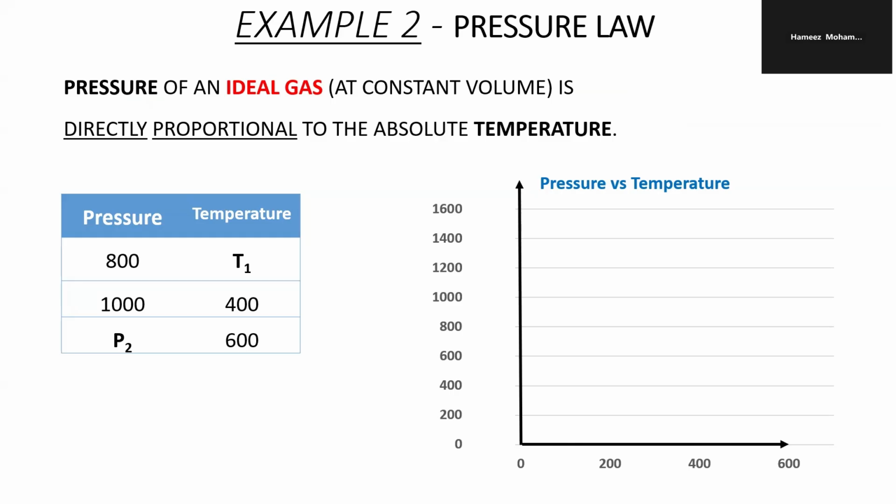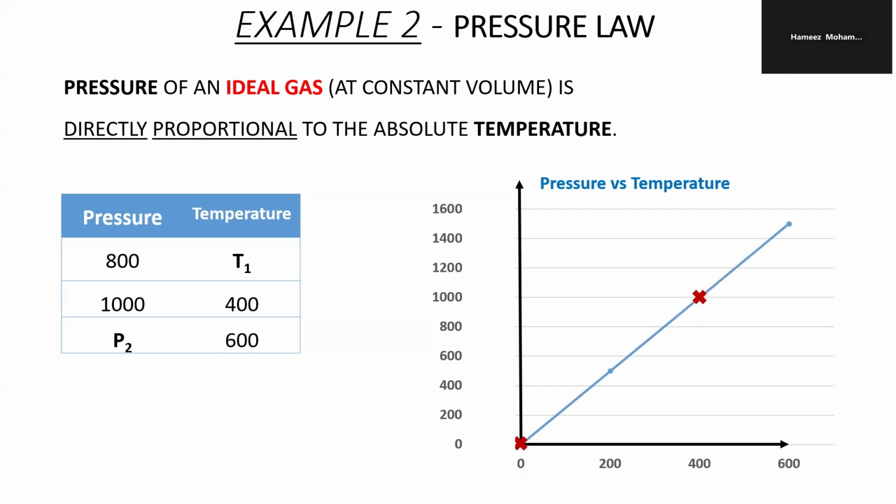So we know 2 points. 0, 0 always, as directly proportional must pass through there, and 1000 for pressure on the y, and 400 for temperature there. And if we know 2 points, what do we know about a directly proportional graph? It is a straight line.